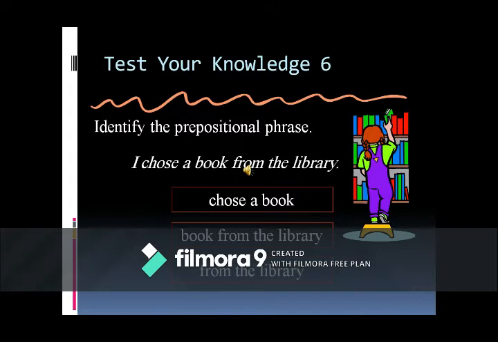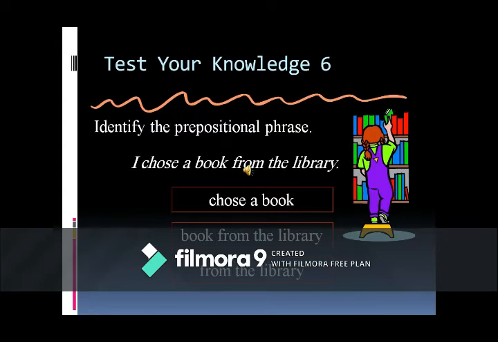Phrase merely means a group of words, and it consists of more than one word. Exactly like that, the prepositional phrase consists of more than one word, but the prepositional phrase starts with the preposition and ends with the object or the noun.